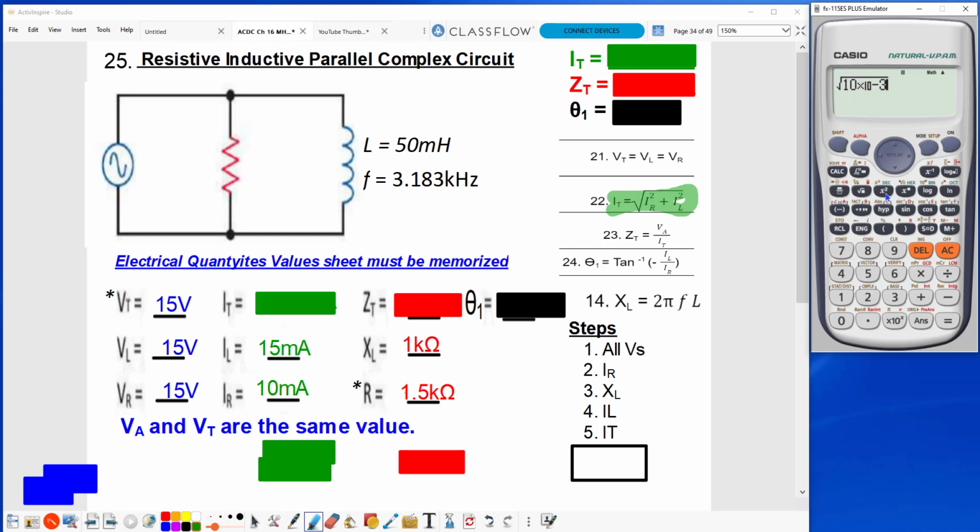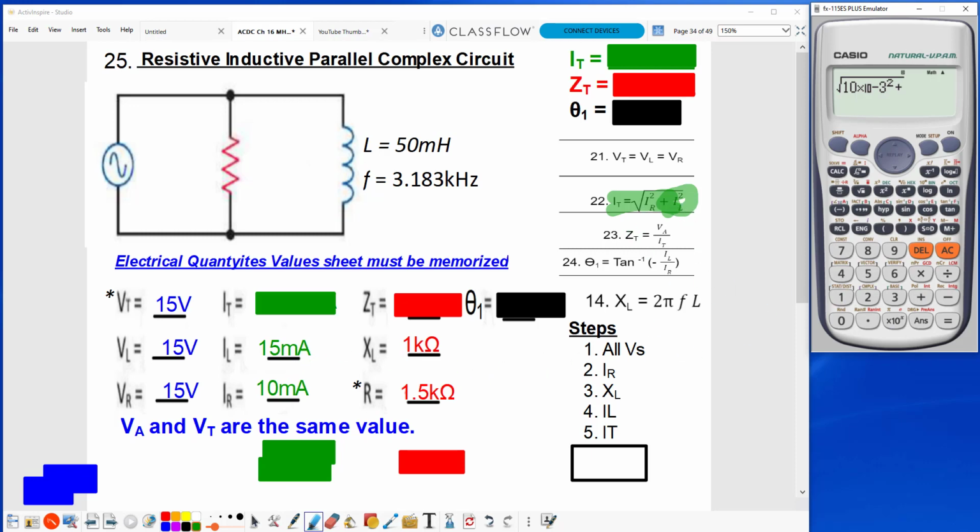So right here is my squared button right next to the square root. So I'm going to square that number. Plus, I got the plus sign there, so plus IL squared.